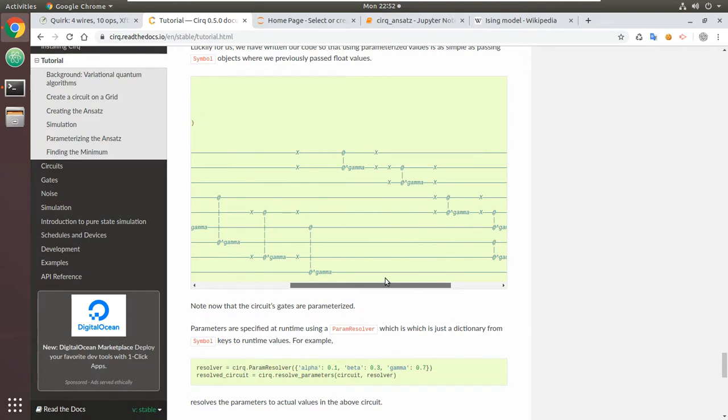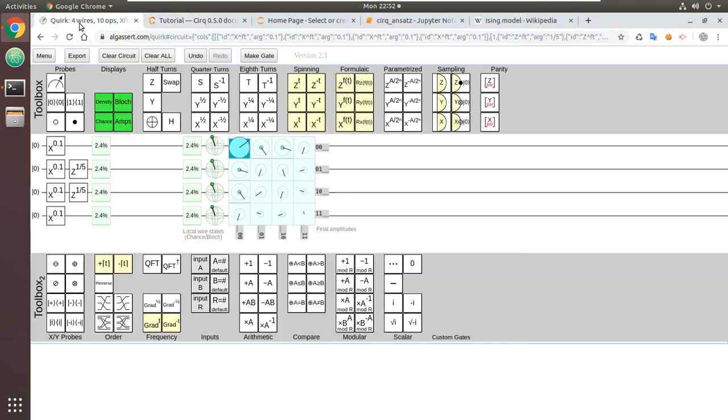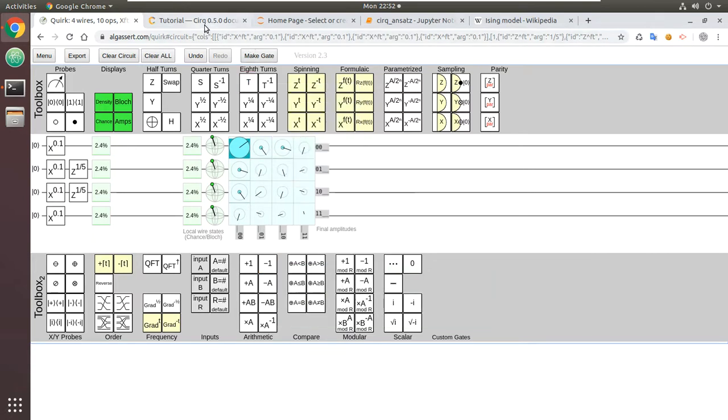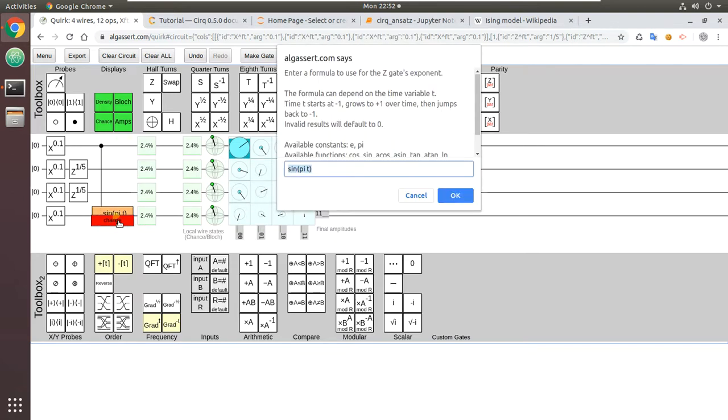So, what if we now do a parametrized control Z, for example between this qubit and this qubit, and this is going to be 0.3.